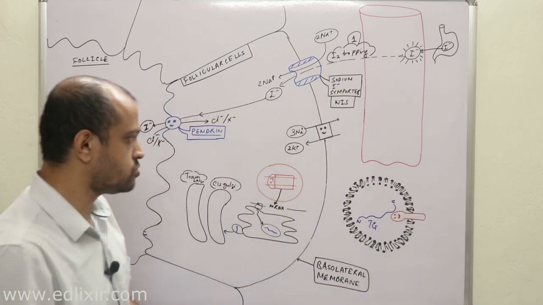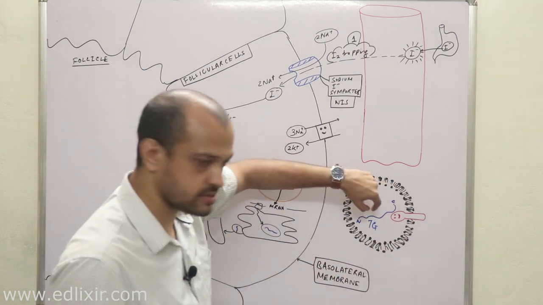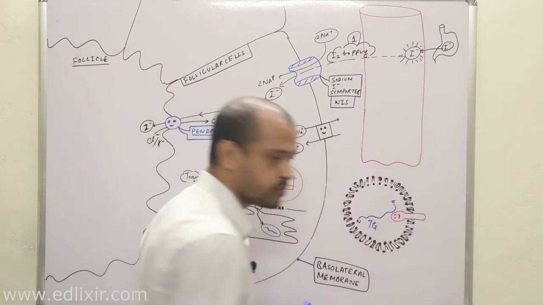Those vesicles which contain thyroglobulin also contain another protein.